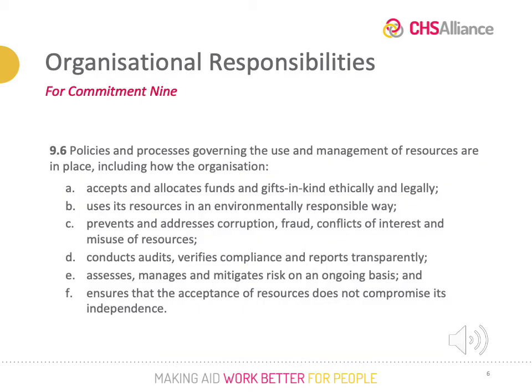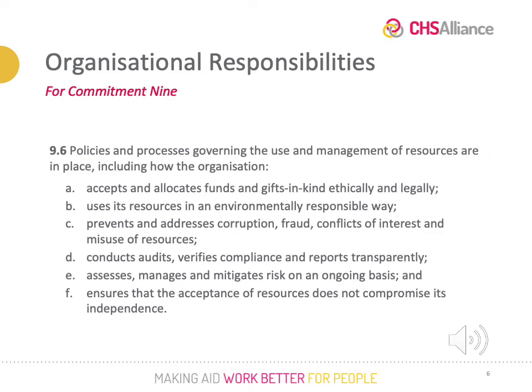Commitment 9 has one organizational responsibility, but as we have seen with other indicators, it has several components. Organizational Responsibility 9.6 requires that policies and processes governing the use and management of resources are in place. At the organizational level, policies and processes are required for the use and management of each of these, including how the organization: A. accepts and allocates funds and gifts in kind ethically and legally.